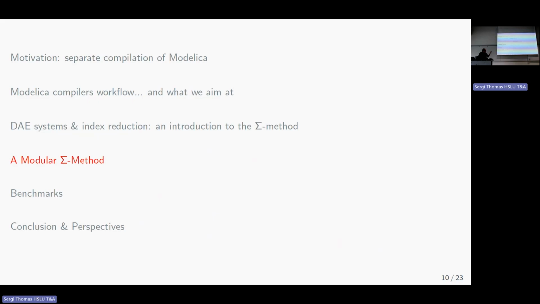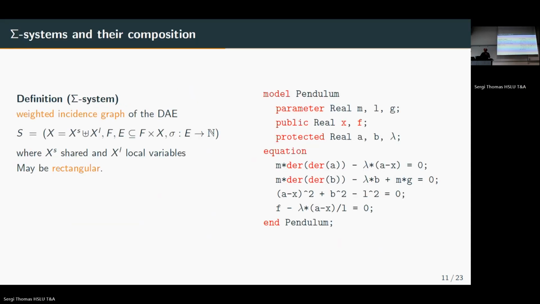So I will show you how we can solve these two problems in a modular way. First, we start by considering what information we need about our DAE systems.